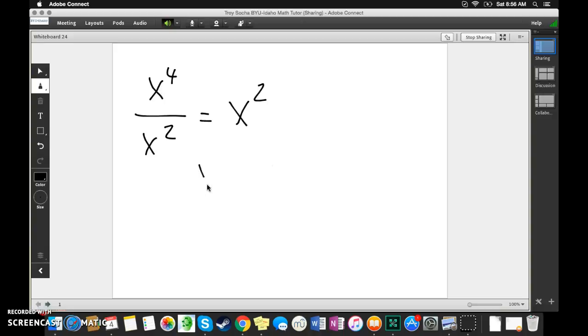On the top, oops, that should be an x. On the top, we have 4 x's multiplied by each other. So each of these has a multiplication symbol between them. On the bottom, we have 2 x's multiplied by each other.